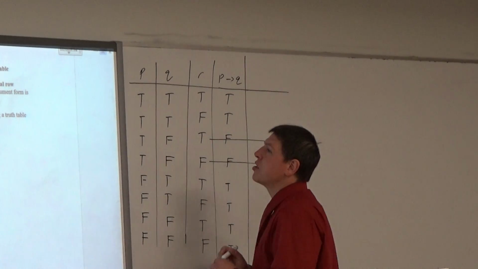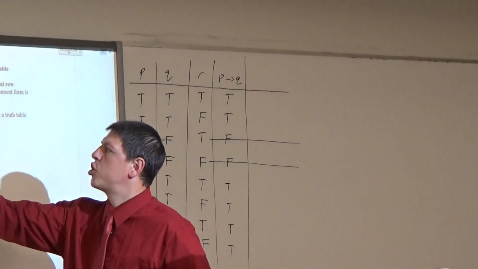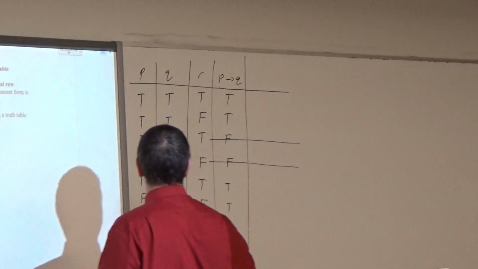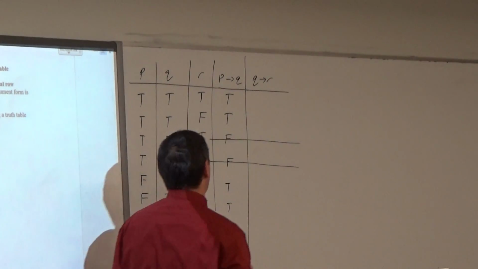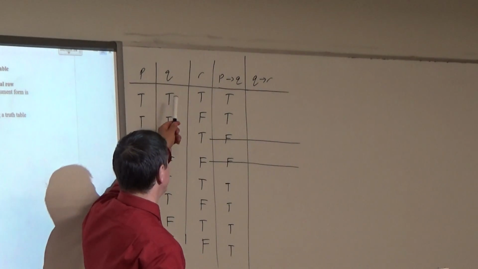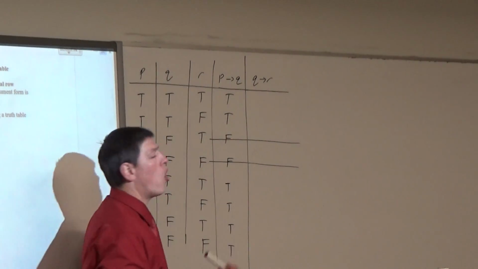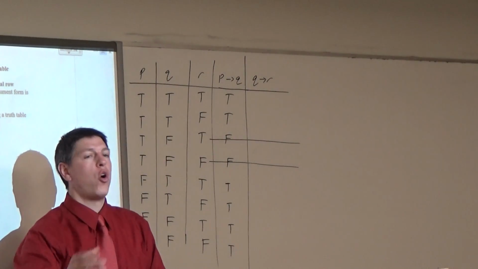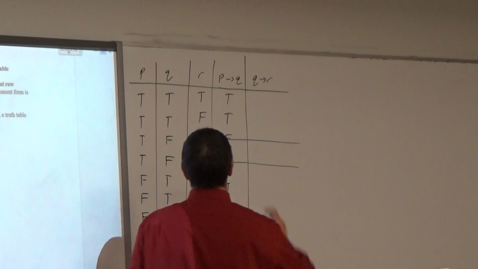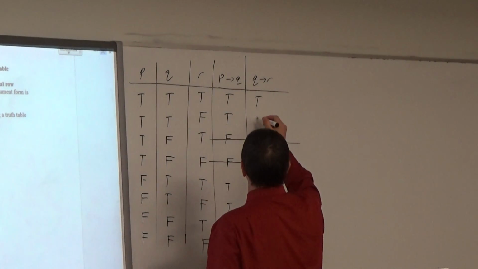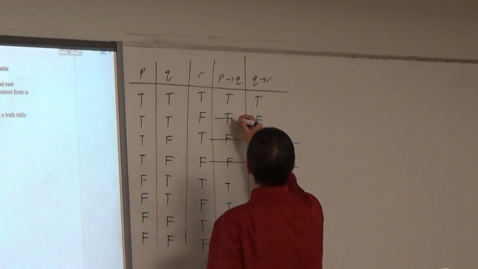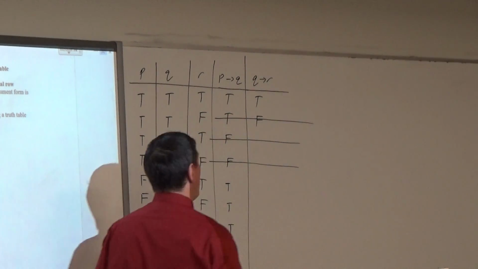The next premise that we have is Q implies R. Same game: we look at column Q and column R. Anytime it's true implies false, we're done with that row. So Q implies R: true. True implies false is false, so now we're done with row number 2 as well.